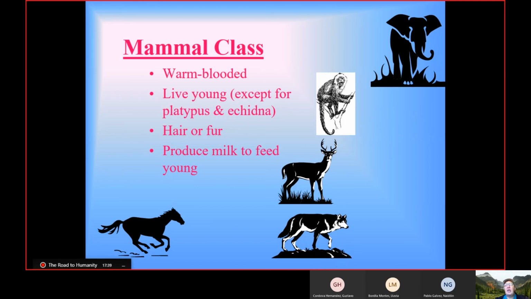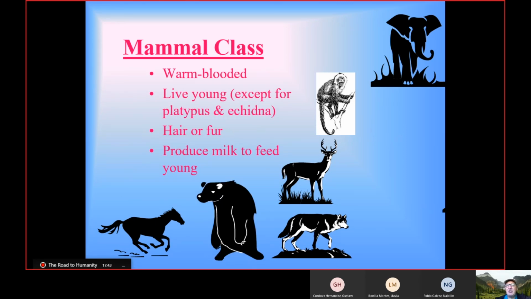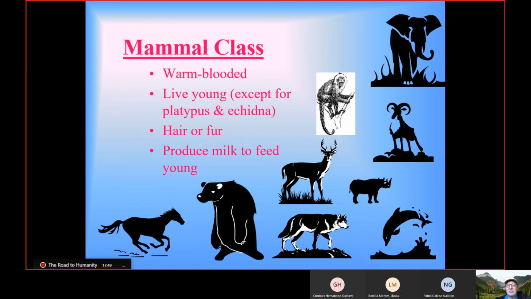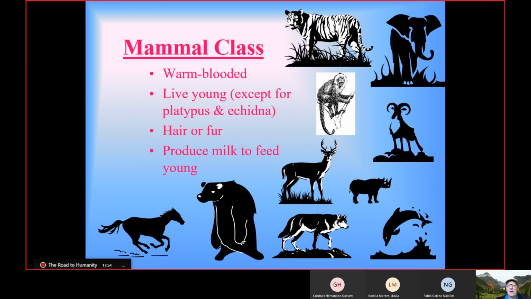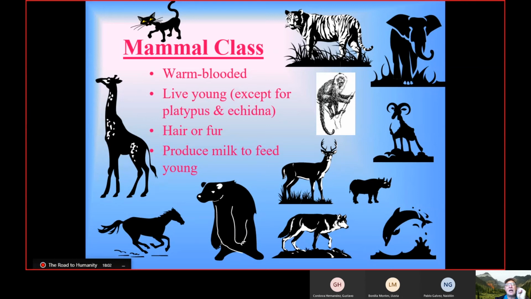Now, when I say they're warm-blooded, what that means is their body temperature always stays the same. For humans, it's 98.6 degrees Fahrenheit, which is about 37 degrees Celsius. And these guys maintain that body temperature regardless of the temperature outside.